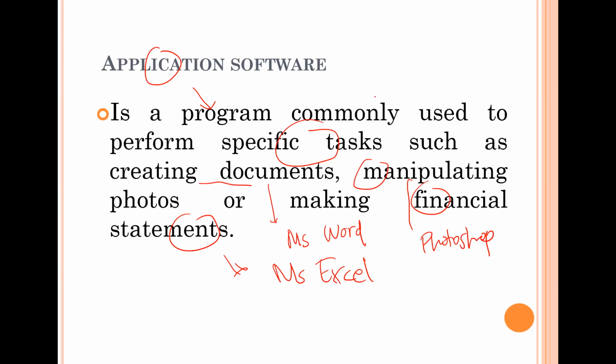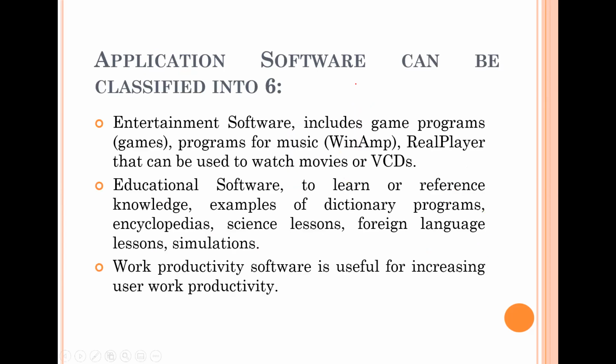It's called application software. And the application software can be classified into 6 categories. The first one is entertainment software. For entertainment software, we can use things that are really general for us.